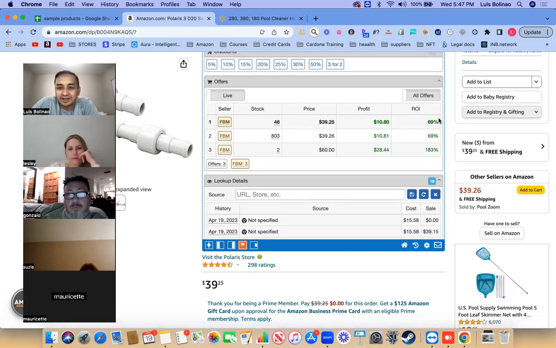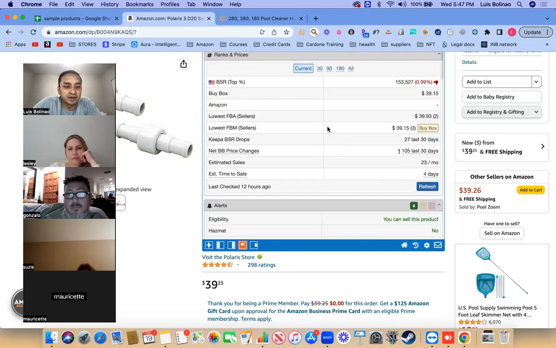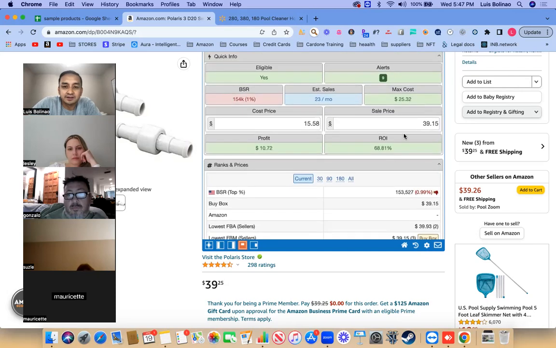So since we're doing FBA, I think Amazon's going to favor us over FBM sellers. If that makes sense. So just to be safe, I would do a test buy 5, like what Jerry said, and then go from there. But this one is good just because of the ROI, right? 68% ROI. So it's almost doubling your money.